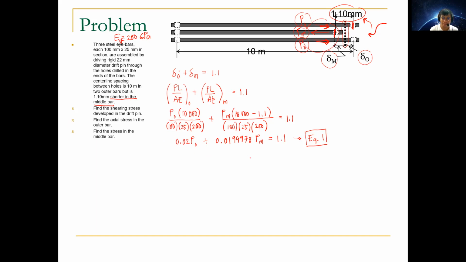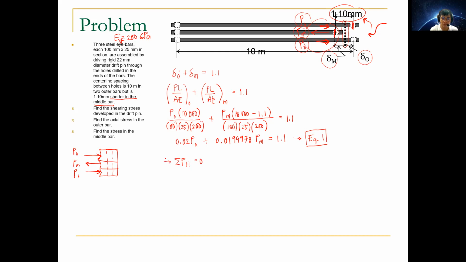As what I drew earlier, if this is the 3 steel bars, and this is the pin, then these are the horizontal forces: P sub O, P sub M, P sub O. Summation of horizontal forces equals 0.